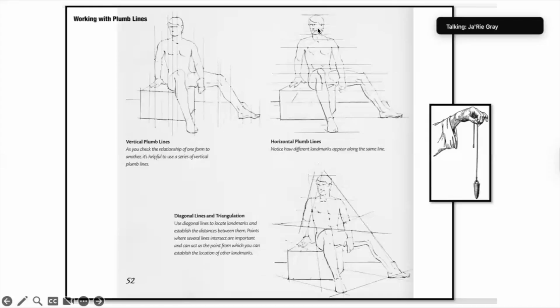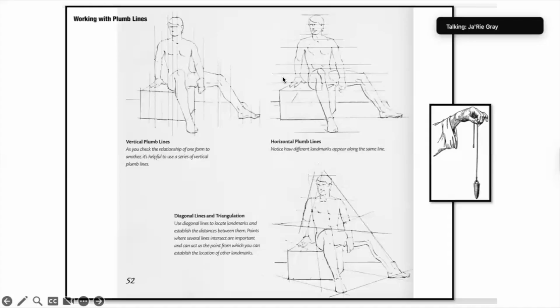Horizontal lines are the same thing. You're measuring horizontally, but it also can help you with vertical, like head heights, making sure the length of things are accurate. In this instance, you can use a head height to measure vertically down, or you can use a head height to measure across horizontally.